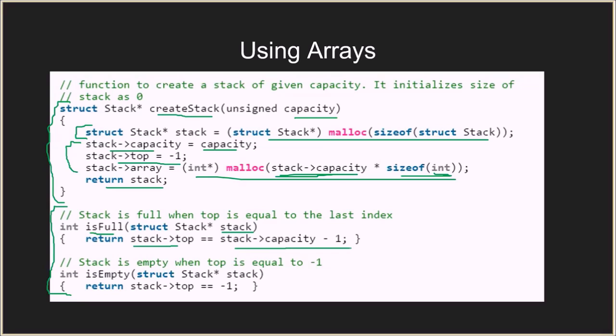If that is the case, the stack is already full, so it will return true, otherwise it will return false. Similarly, we have a function is empty. Is empty again takes as an argument the pointer stack, and then it checks if the top of the stack is equal to -1. If that is the case, it returns true. If that is not the case, it returns false.